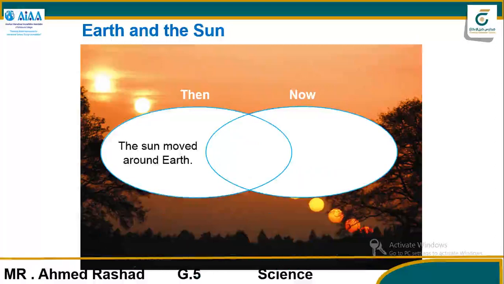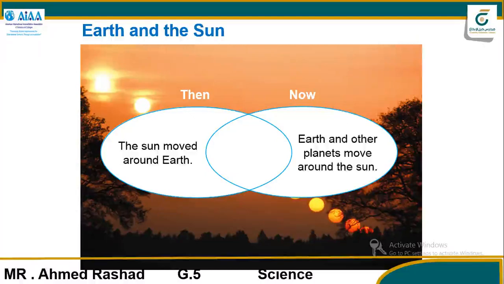In ancient times, people thought the Sun moves around the Earth, because they could watch the movement of the Sun across the sky. But now, after exploring space with technology and going to other planets, we know Earth and other planets move in their own orbits around the Sun. But in both views, the Sun appears to move across the sky.